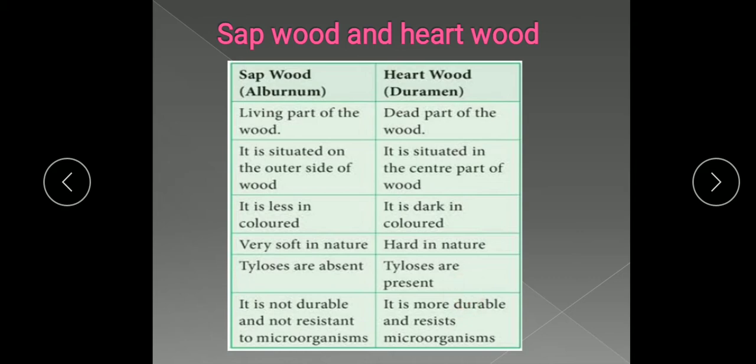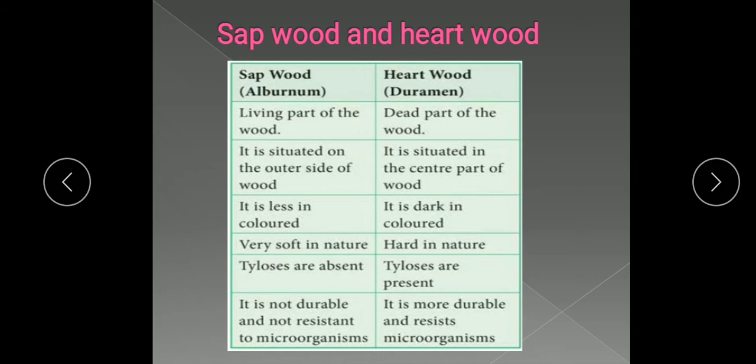These tannins, resins or gums make it more durable and resistant to microorganisms. While in the sapwood, tyloses are absent, and it is not durable and not resistant to microorganisms. So you understood the difference between the heartwood and sapwood.